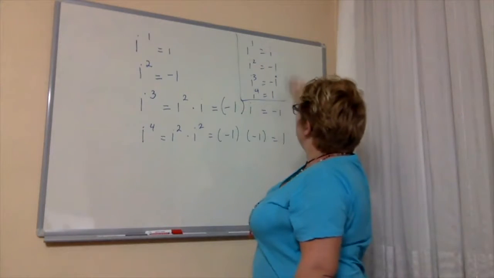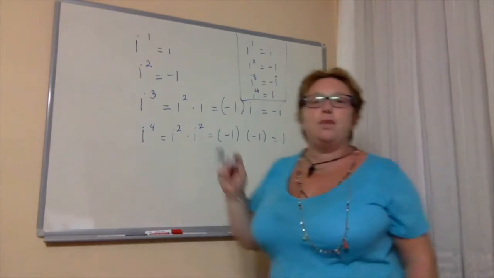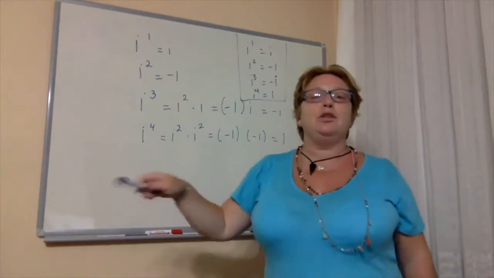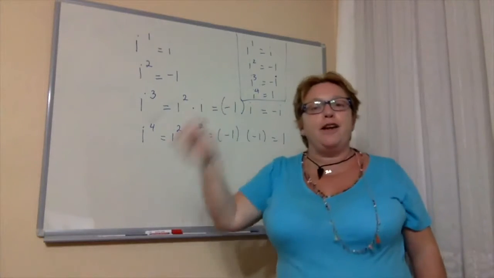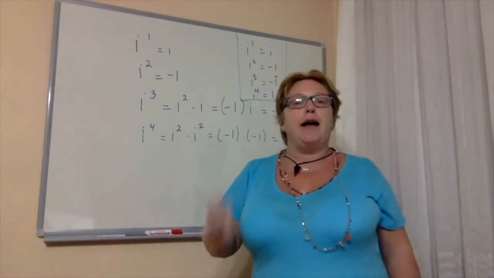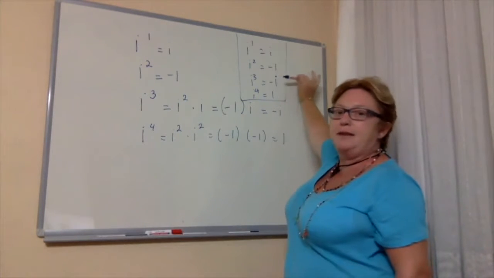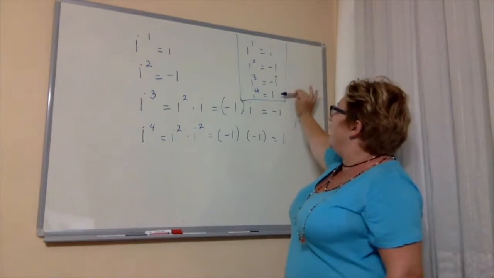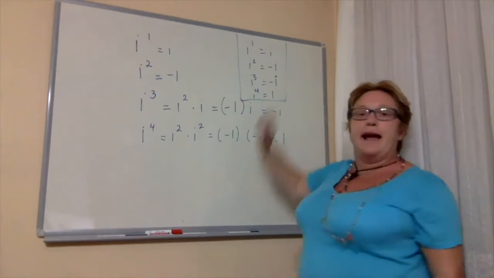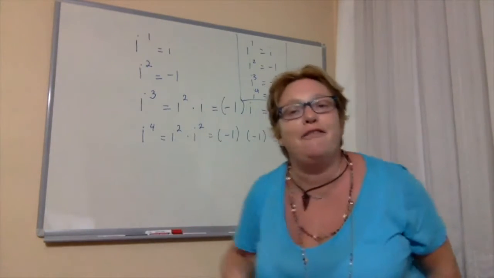And because we get 1 on the fourth power, we go back to the beginning. So i to the fifth is again i, i to the sixth is now negative 1, i to the seventh is negative i, and i to the eighth is 1 again. So we go in cycles of 4.